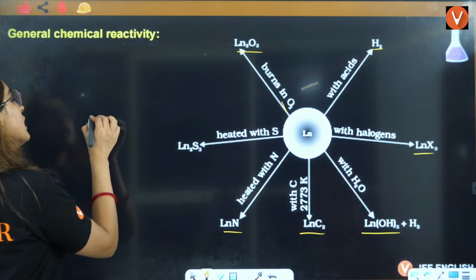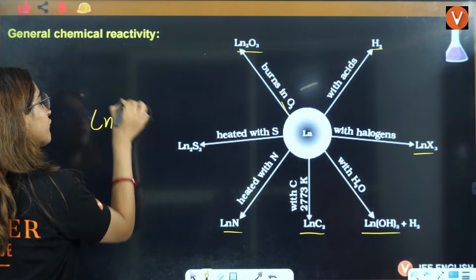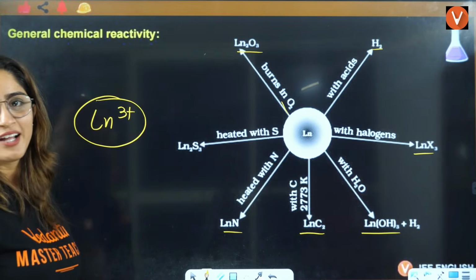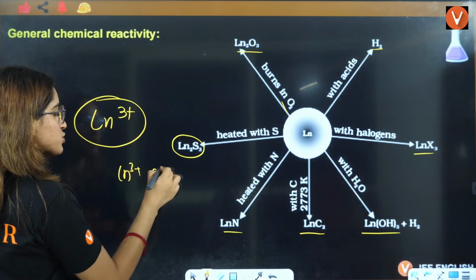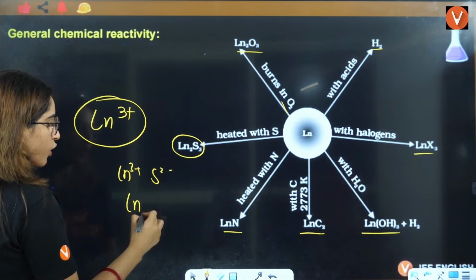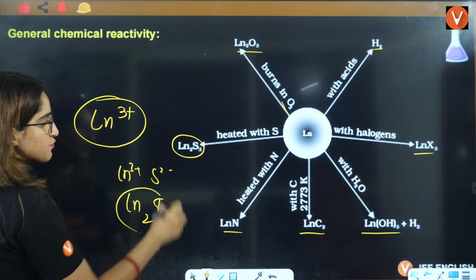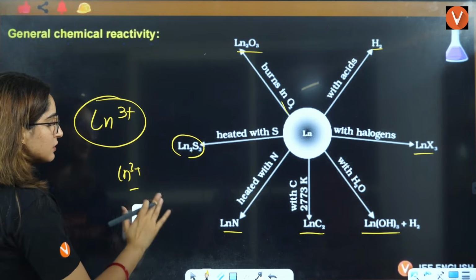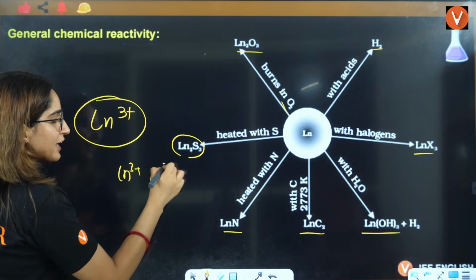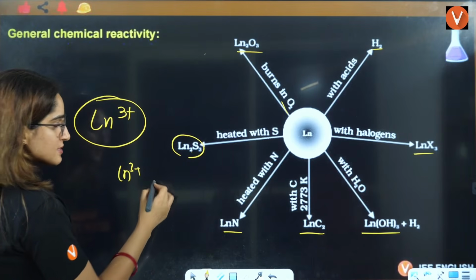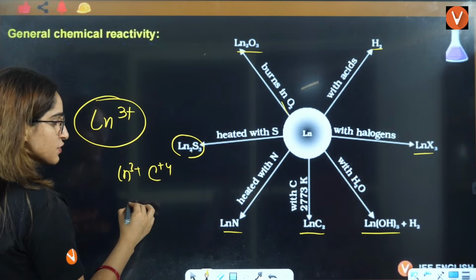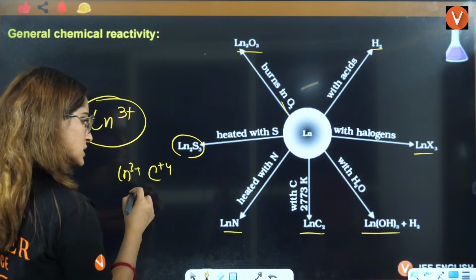In all these cases, Ln we have taken as 3+. It's not a big deal. It is Ln 3+ and S 2-, cross multiply and you will have this formula. With nitrogen being 3-, it will be LnN. If you say with carbon it is 4+, wait a minute.